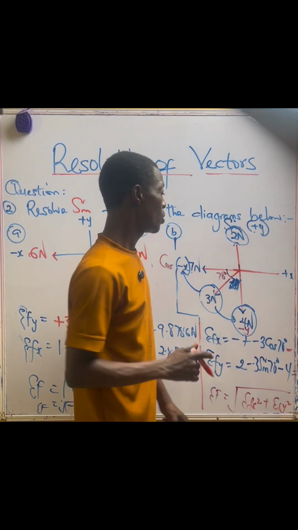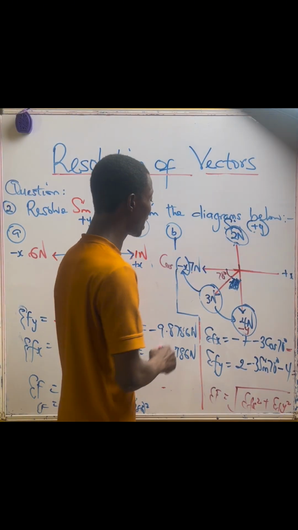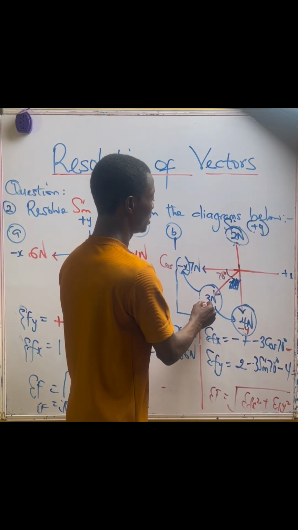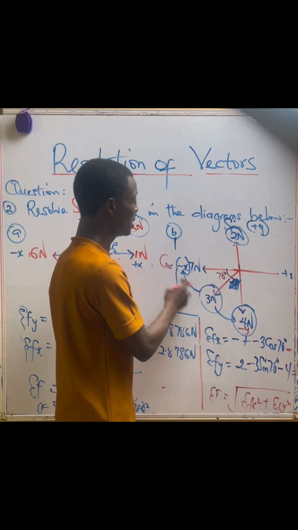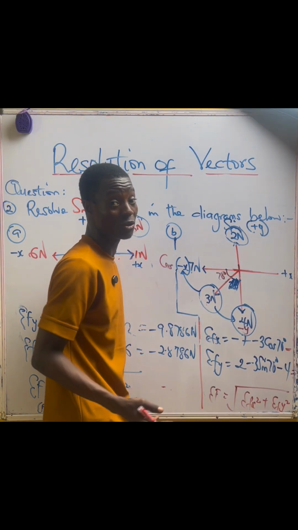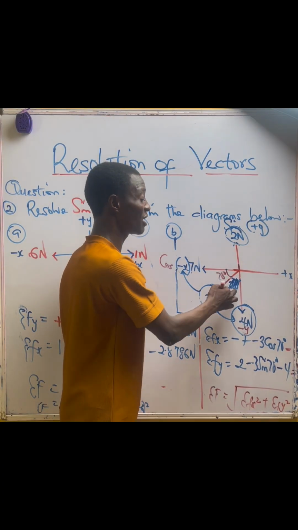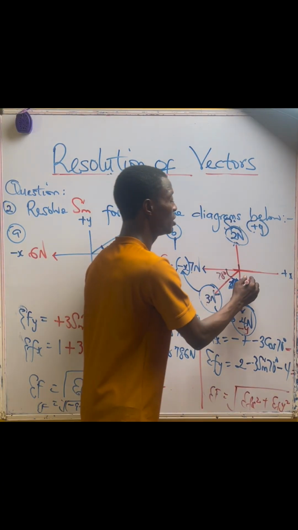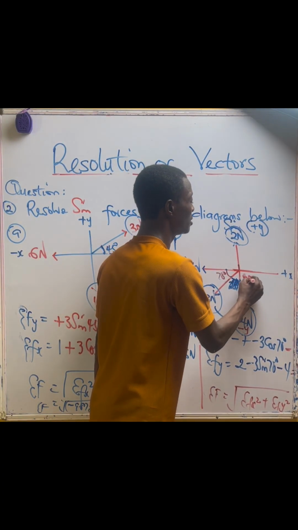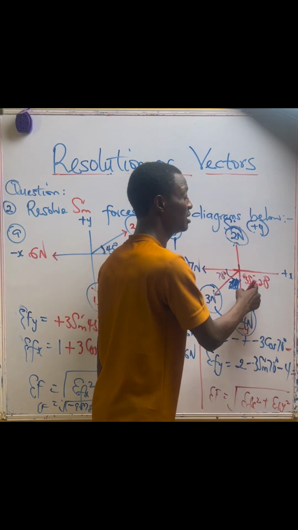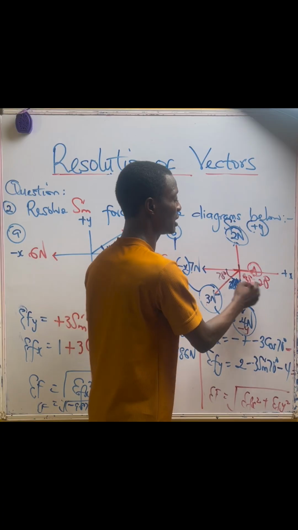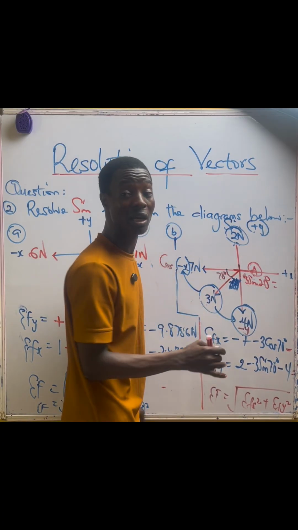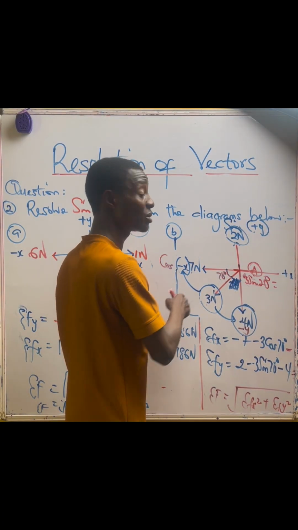Now, let me tell you why a student would actually use 3 sine 20. If the student is resolving towards the x-axis and decides to use sine, the student must have used this 20 degrees. So if you press 3 sine 20, this is student A. And we have another student that is using my own method, which is the method you're learning now.